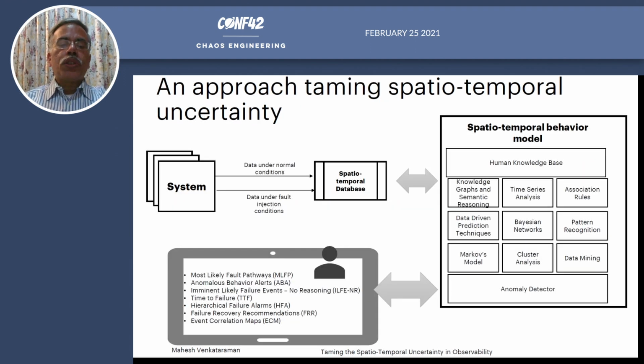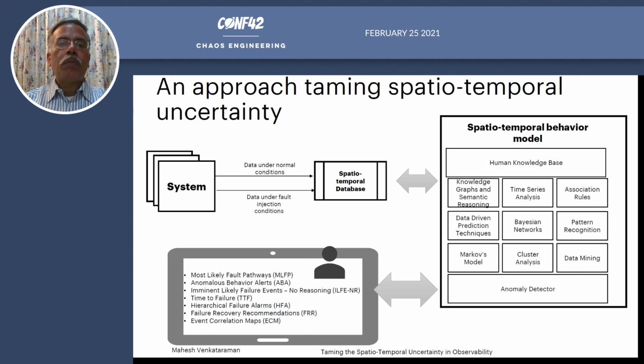Here is an approach we suggest. We provide a very high level approach here to taming the spatio-temporal uncertainty. The data from system under normal conditions is ingested into a spatio-temporal database. The data under fault injection condition is also ingested into this database.